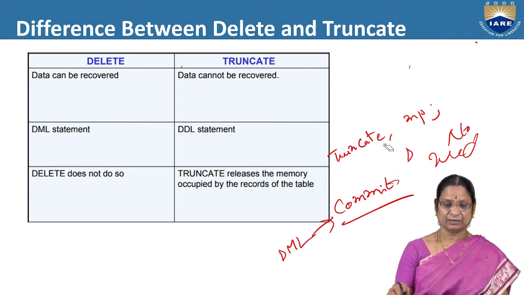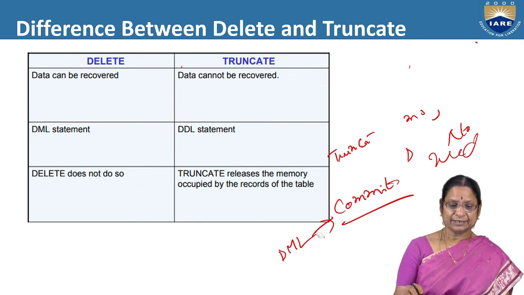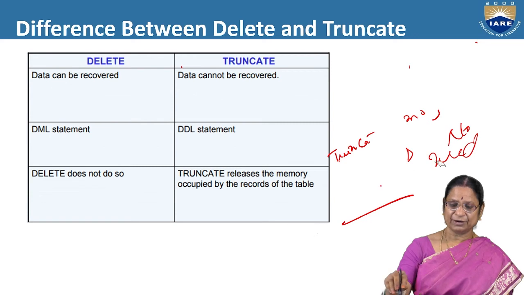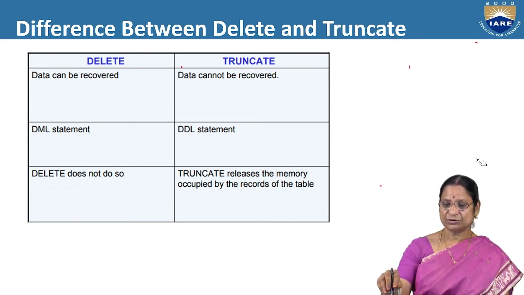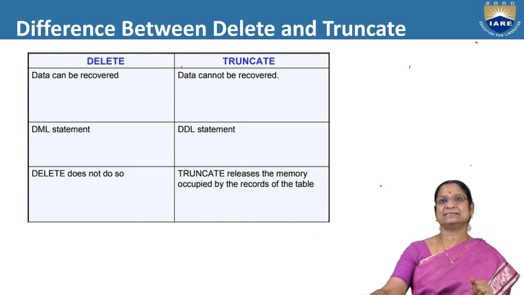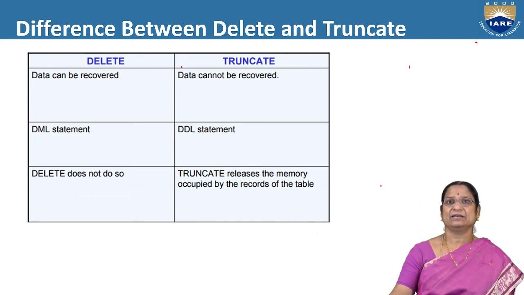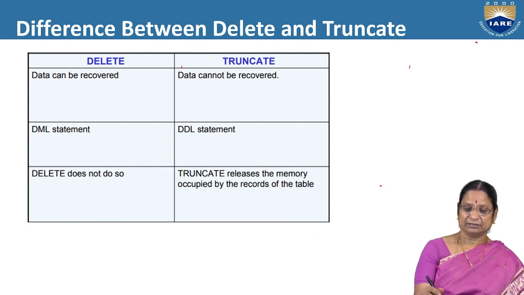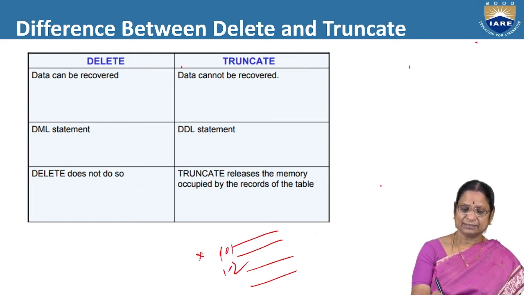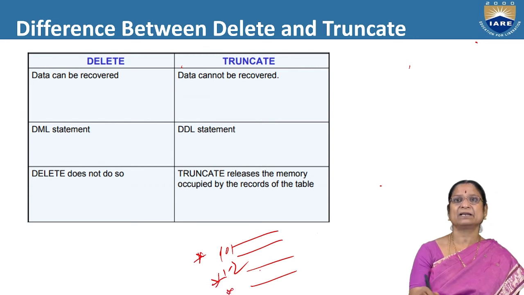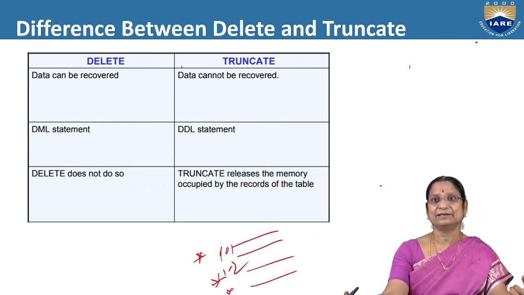Delete does not release memory. Truncate releases the memory occupied by the records of the table. Because, as I told you, delete just marks a delete mark. In our database, tuple records are there: first record, second record, third record, like EMP 101, 102. When I use delete, these records are marked with a delete mark, not actually permanently deleted.